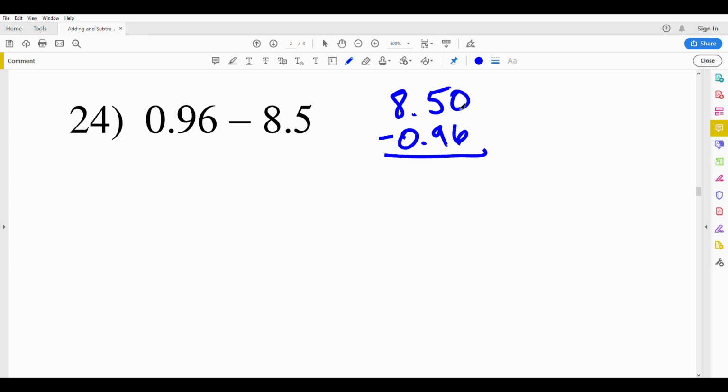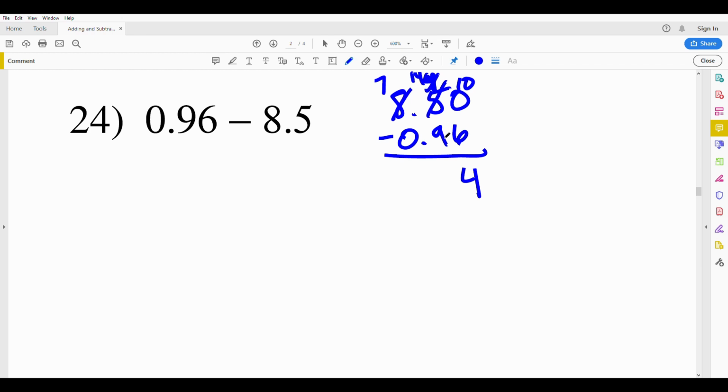So I'll need to borrow in order to subtract. So this will become a 4/10, and this will become 10 hundredths, because 10 hundredths is equal to 1/10, and that's what I'm borrowing. 10 minus 6 is 4. Now I can't do 4 minus 9, so I'll have to borrow again, 1 away, but 1 is equivalent to 10/10, and 10 plus 4/10 is 14/10.